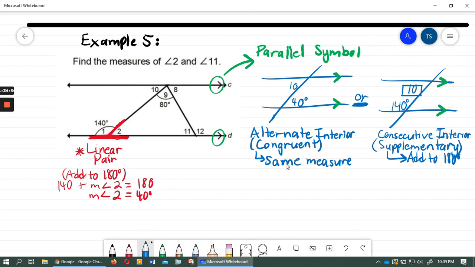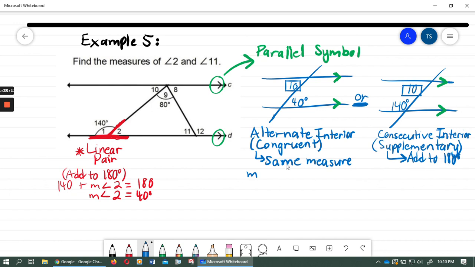All right, so again, folks, one way or the other, the measure of angle 10 is 40 degrees. I'm not going to write out any equation, because that should be enough of an explanation.